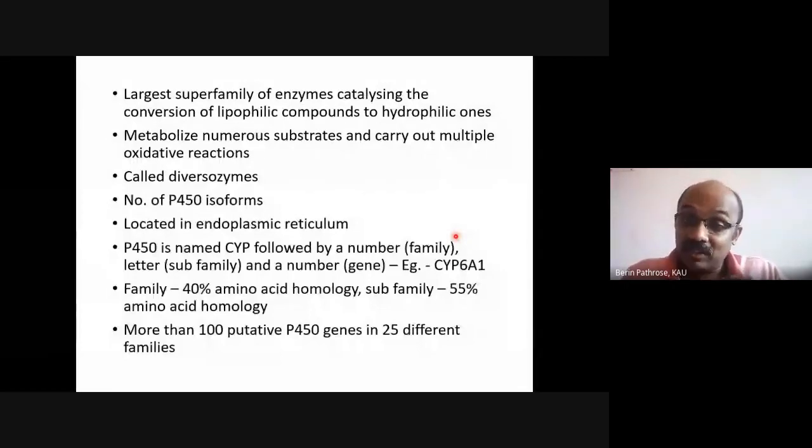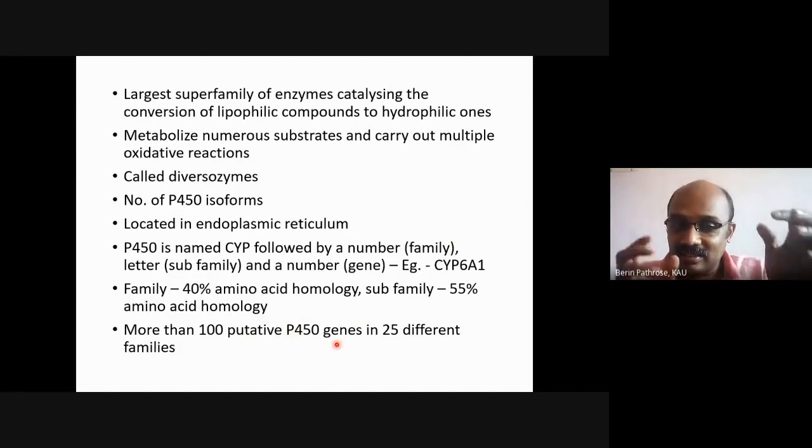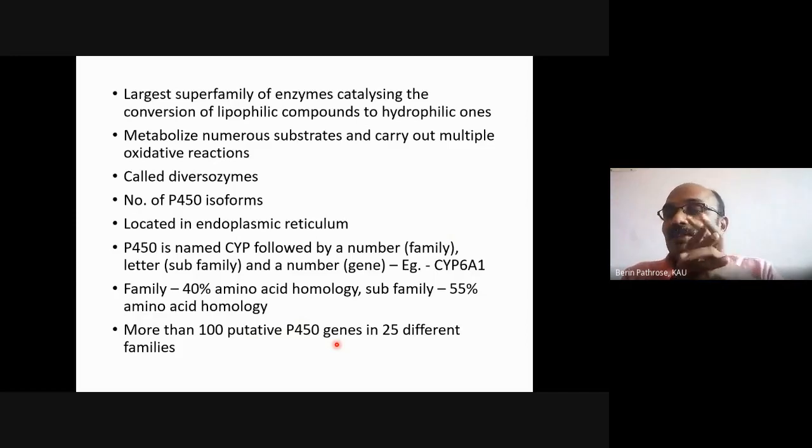So we have different isoforms, and they are given different names. See the last point, there are more than 100 genes in this family. These 100 genes can lead to the formation of different kinds of enzymes.